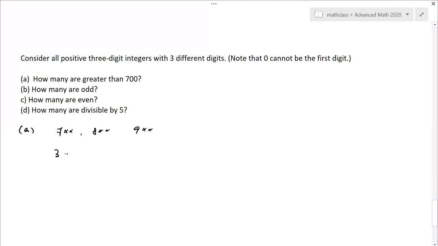Since all the digits must be different, if we select one of the 3 digits, how many are left? In the whole group, there'll be 9. For the third step, there's only 8 digits left. It doesn't matter, it could be 0. So the total will be 216.